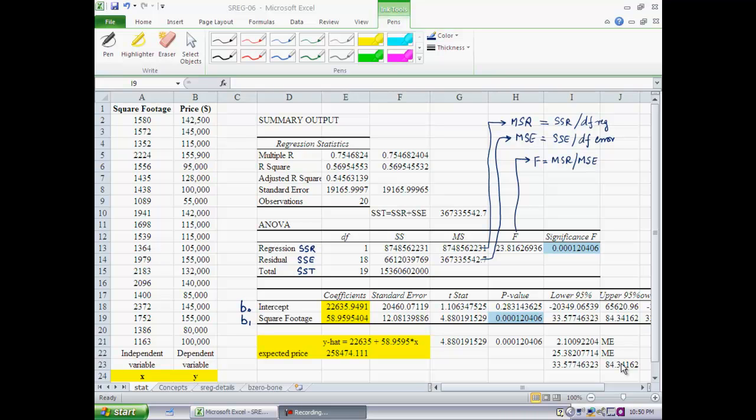This is our sixth video segment on simple linear regression, and we'll continue looking at the diagnostics provided by Excel and accompanying any regression output using Excel. In the previous video clip, we had looked at the t statistics to determine whether the regression was significant or not.